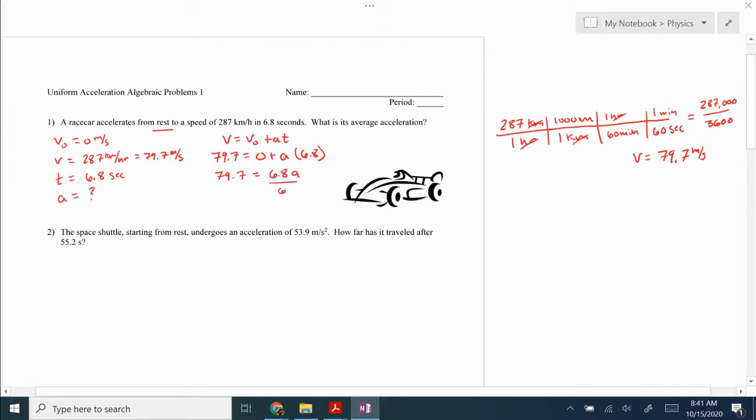We're going to divide by 6.8. 79.7 divided by 6.8 is 11.7.